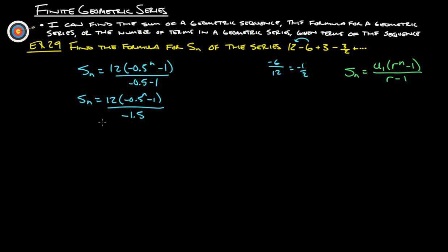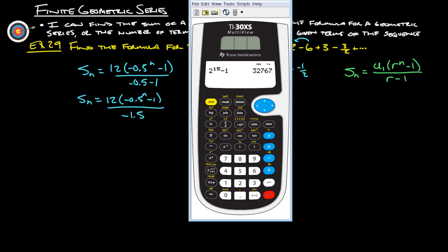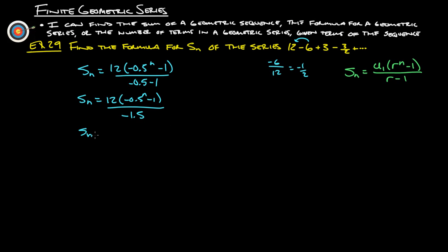So really all we're going to do is simplify this by doing 12 divided by negative 1.5, and that gives us negative 8. So we get S of n equals negative 8 times negative 0.5 to the n minus 1.